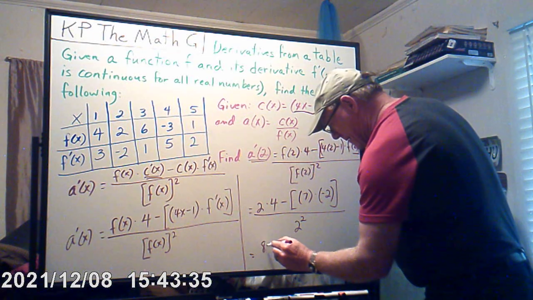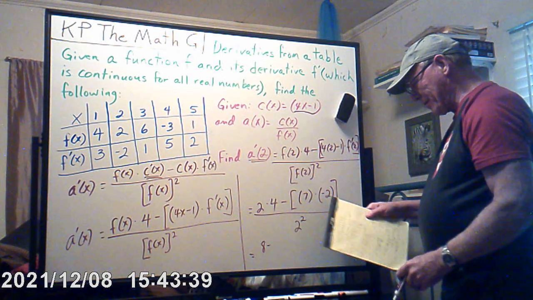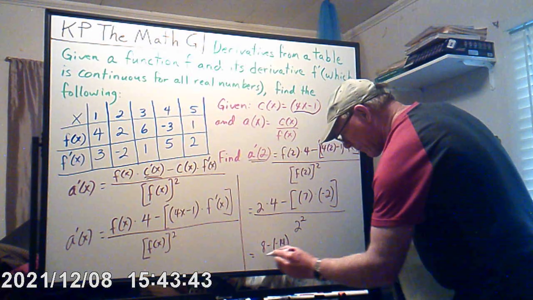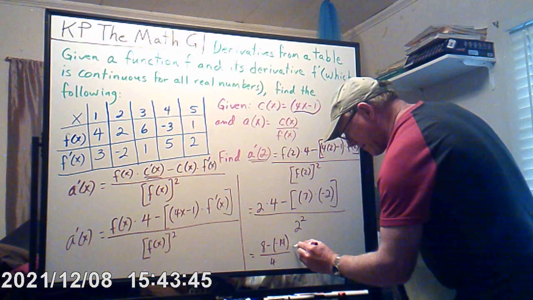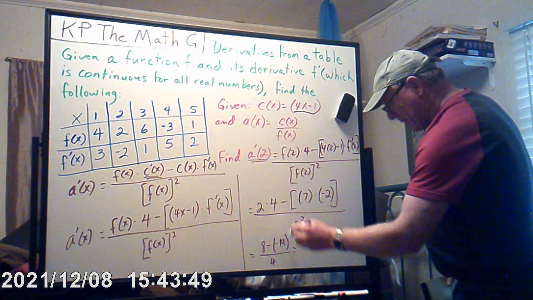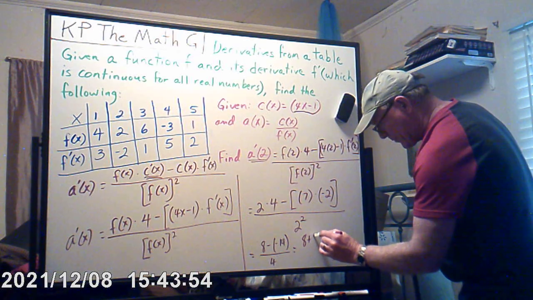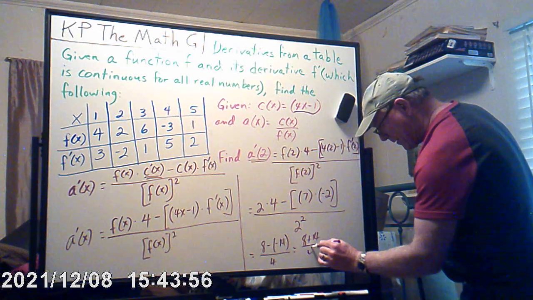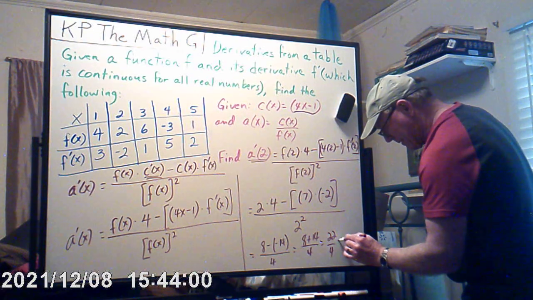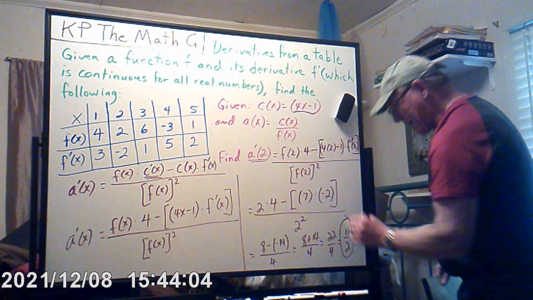This is 8 minus, all right, 7 times negative 2 is negative 14 over 4, isn't it? Which is 8 plus 14 over 4, 22 over 4, 11 over 2, and there it is.